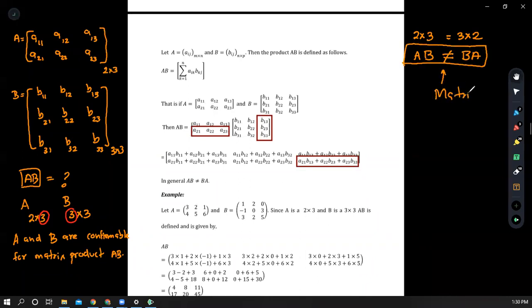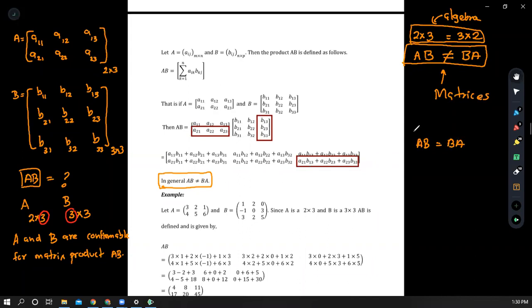For matrices, this equality does not exist, but in algebra we can see this equality. It is not true for matrices. In general, we are saying that AB does not equal BA. It is because there is a situation where the product AB equals BA.